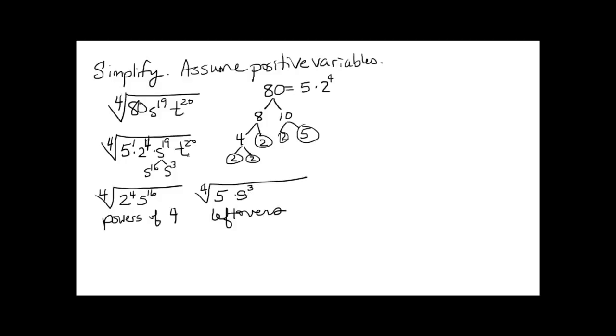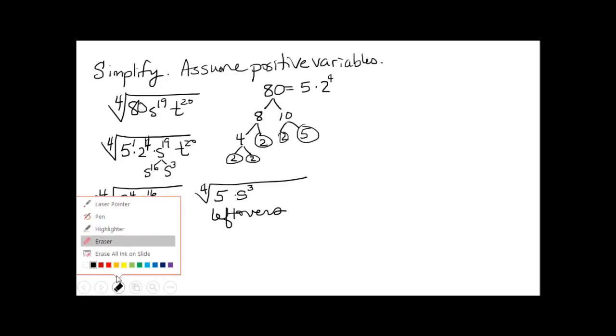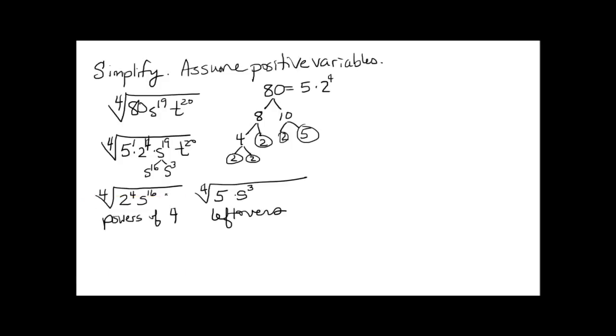Now what do I do with the t to the 20th? I'm going to put that in with the radical that has all of the powers divisible by 4, or in other words, just powers of 4. So that's going to be t to the 20th. Okay, last step, we're going to go through and divide each of these exponents by 4.